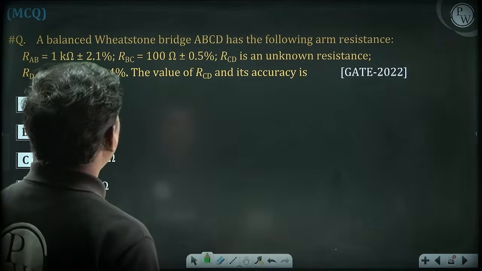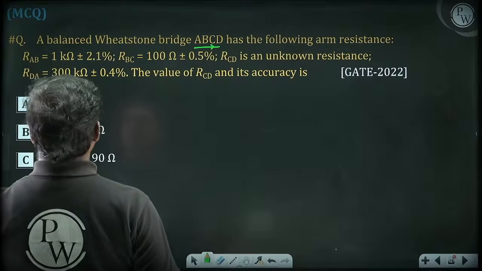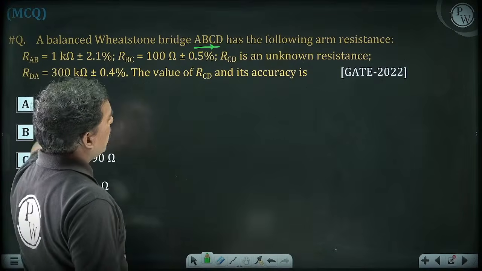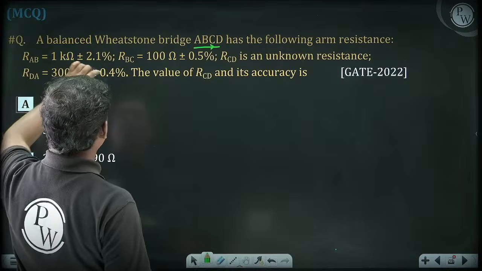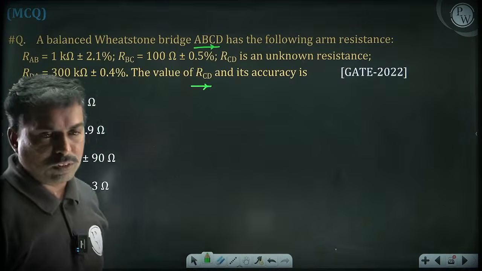A balanced Wheatstone bridge ABCD has the following arm resistances: RAB is equal to 1 kilo ohm plus or minus 2.1%, RBC 100 ohms plus or minus 0.5%, RCD is unknown resistance, RDA is this. The value of RCD and its accuracy is asked. So try to do this.